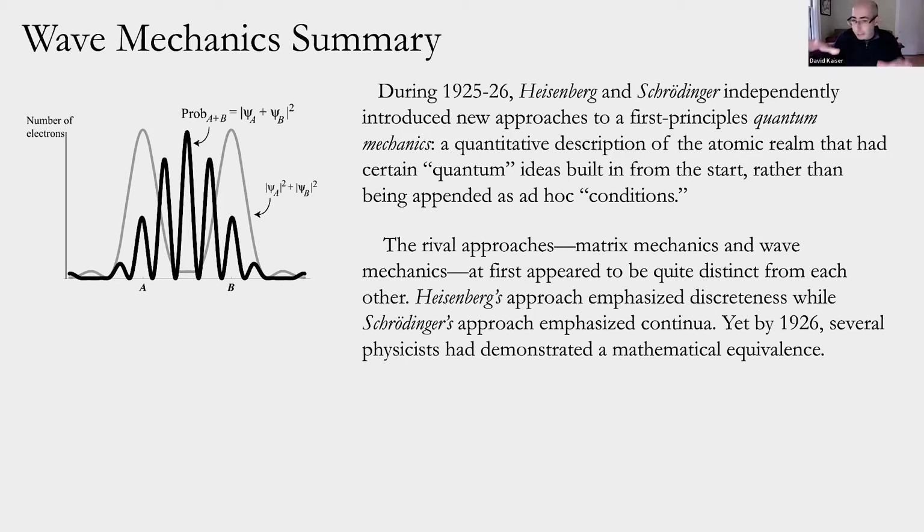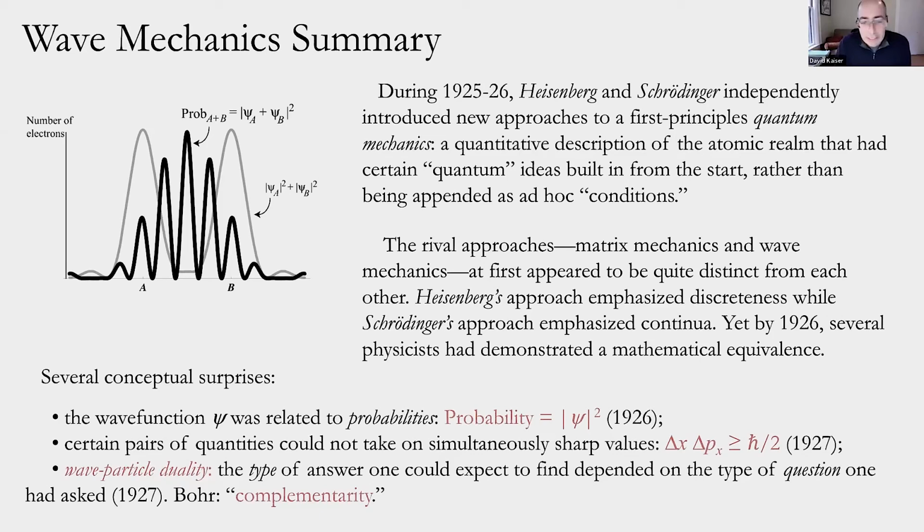They're building on different conceptual building blocks. And yet by the summer of 1926, several physicists had built a mathematical map between these very different looking approaches. And even though there was now arguably one internally consistent mathematical approach, what it all meant about the world was as unclear then as it often remains even to this day.